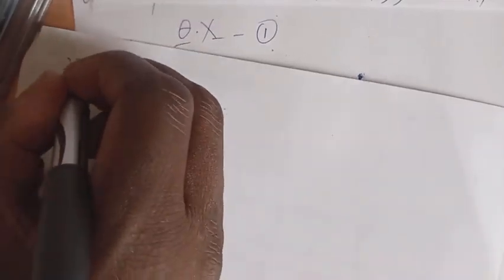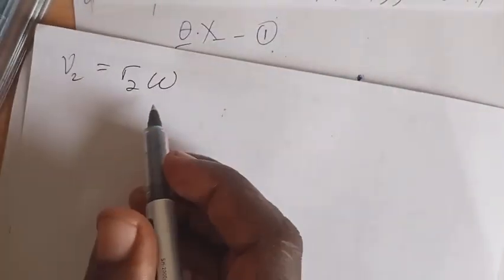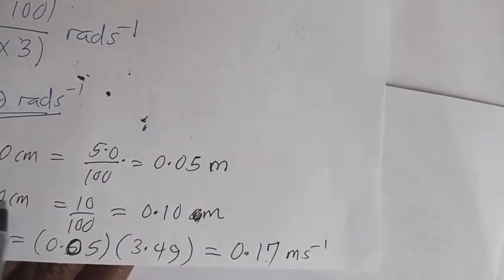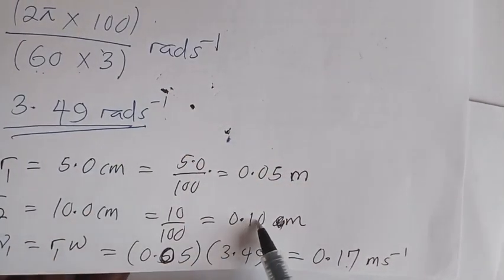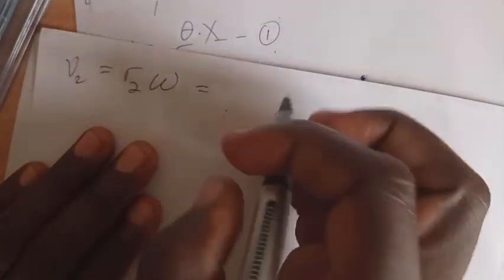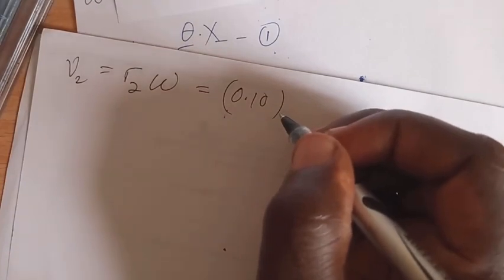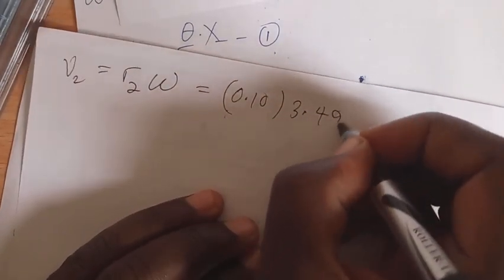If I want to get the other one, I will just say v2 is equal to r2 omega. Remember, omega is the same for all of them. My r2 is the 10 centimeter distance, which I change to 0.10. So this will now be 0.10 multiplied by omega, and my omega is 3.49.